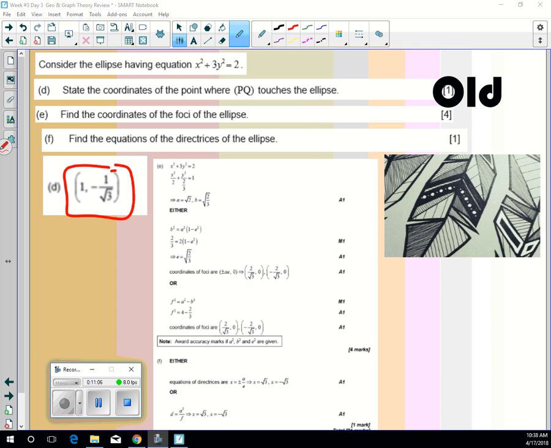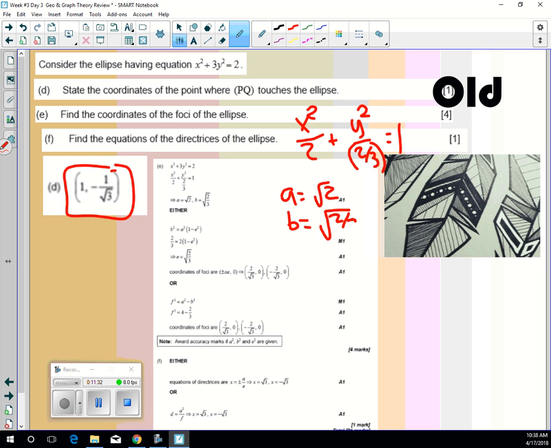So if I remember, you go x squared over 2 plus 3y squared over 2 equals 1. And then this will just be y squared over 2/3, right? So a is the square root of 2, and b is the square root of 2/3. And then we remembered that b squared equals a squared times (1 minus e squared) to find e squared.